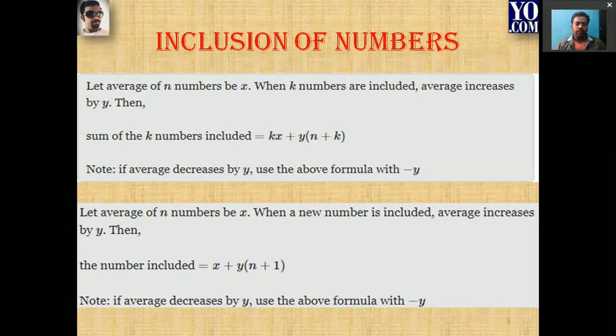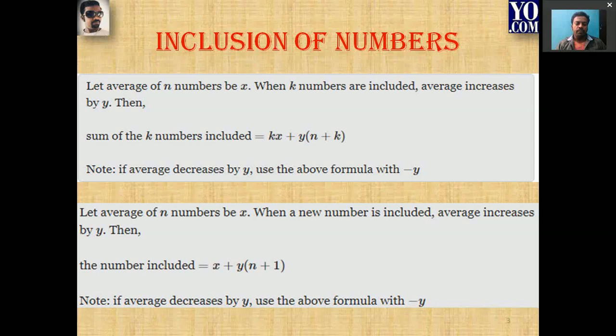Then sum of k numbers included is equal to k times x plus y, into n plus k. This is a formula. Sum of k numbers included equals k(x plus y) into (n plus k).